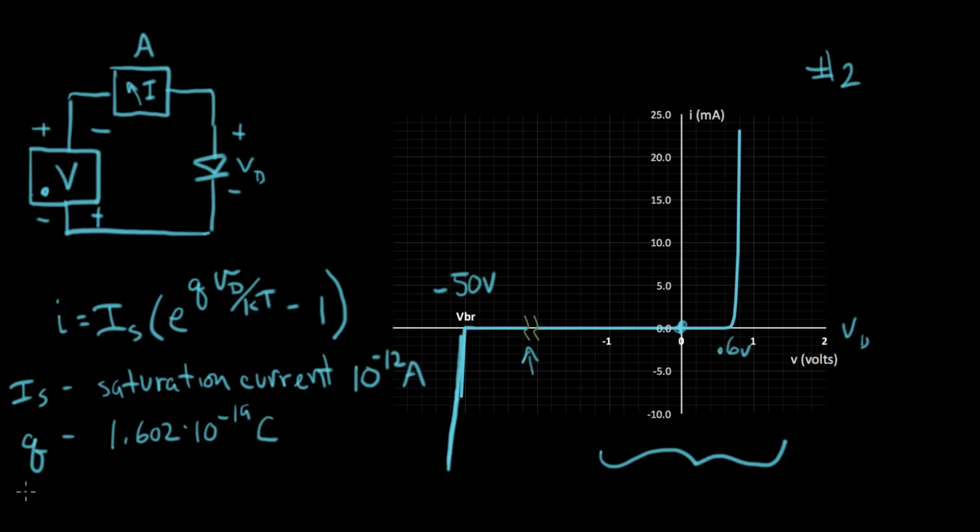k is Boltzmann's constant. That's a small k usually. And that equals 1.38 times 10 to the minus 23 joules per Kelvin.